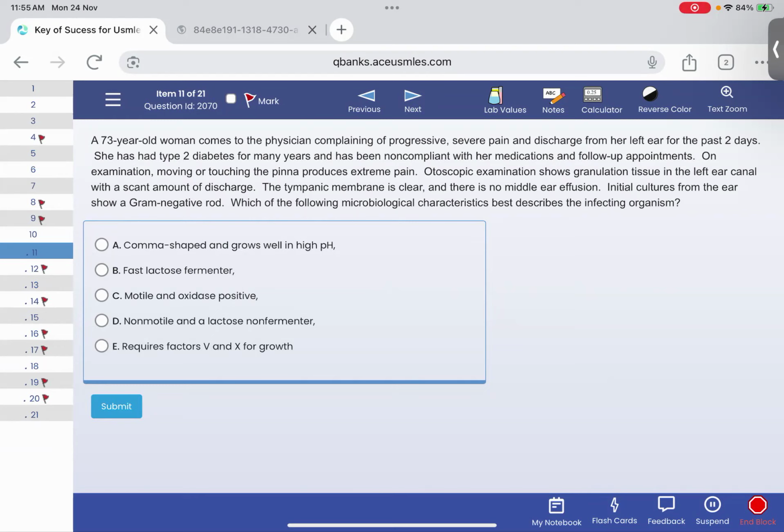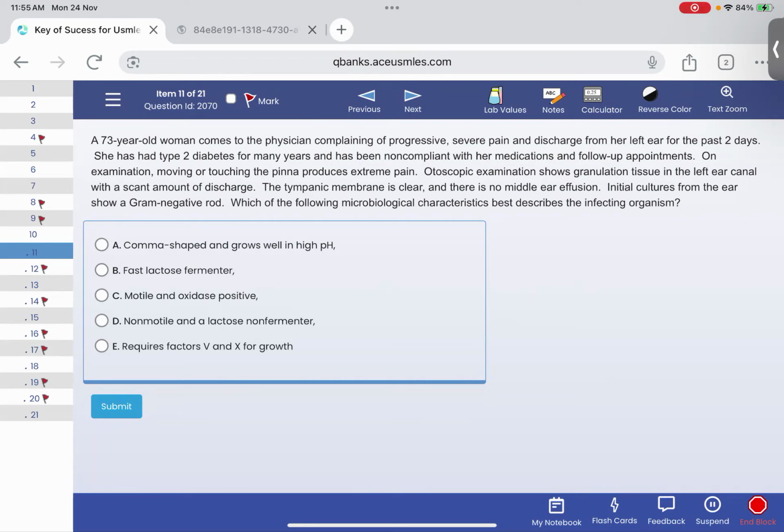On examination, moving and touching the pinna produces extreme pain. Otoscopic examination shows granulation tissue in the left ear canal with a scant amount of discharge. The tympanic membrane is clear and there is no middle ear effusion. Initial culture from the ear shows a gram-negative rod. Which of the following microbiological characteristics best describes the infecting organism?